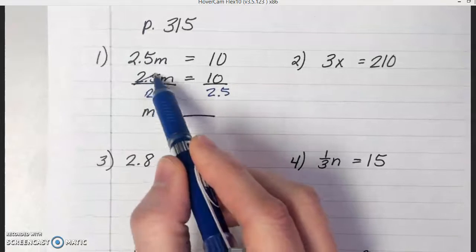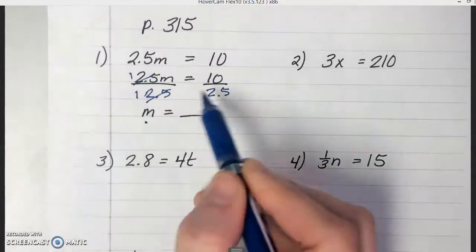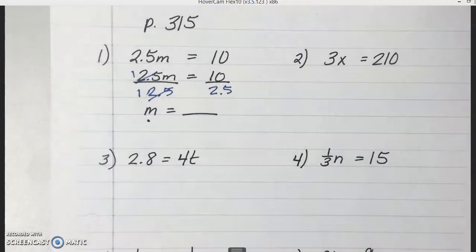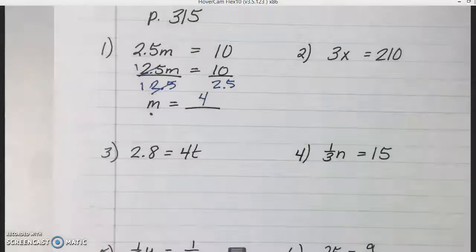So 2.5 divided by 2.5, those cancel out and leave me with the m. And then 10 divided by 2.5 is 4. So we get that m equals 4. And if you have 4 friends and they each have $2.50 and put their money together, they have $10. So 2.5 times 4 is 10.